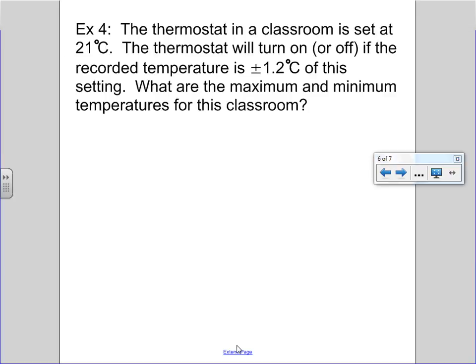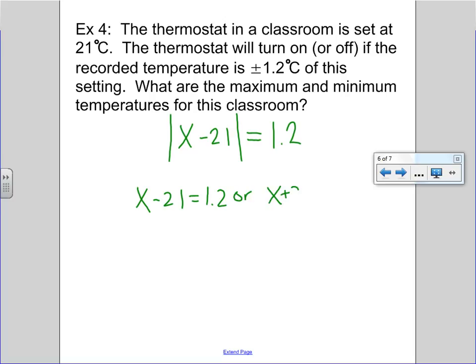So we can set that the absolute value of x minus 21 is equal to 1.2 degrees Celsius. So I'm going to write it as plus or minus. So I set up my two equations. I have x minus 21 equals 1.2, or I have x minus 21 equals negative 1.2.